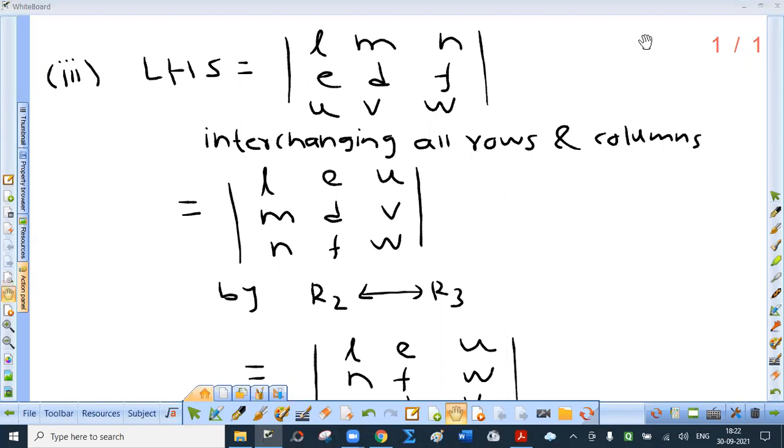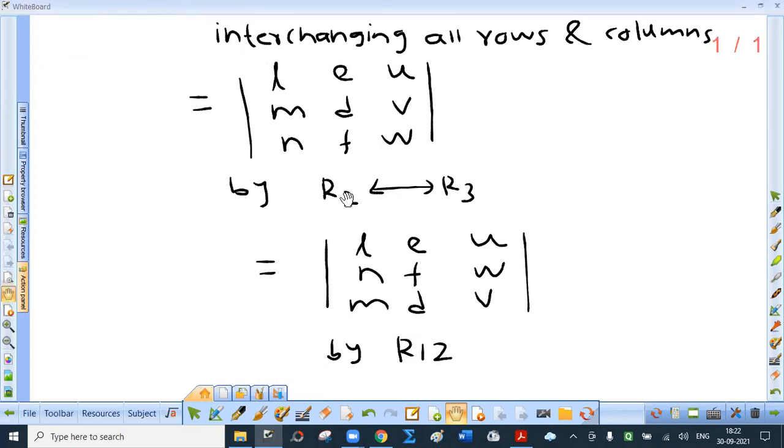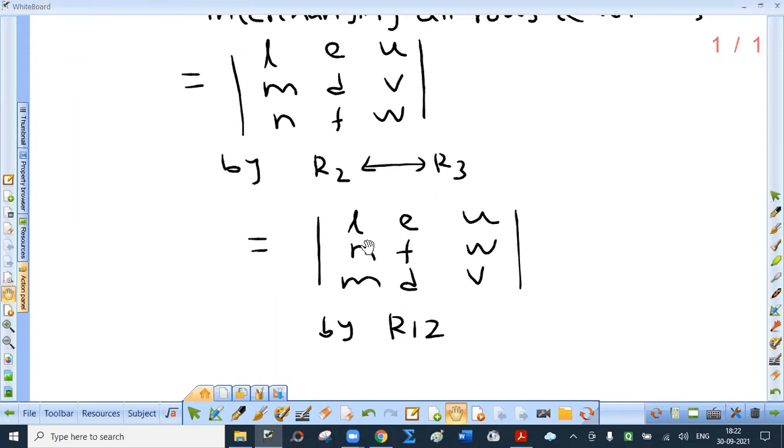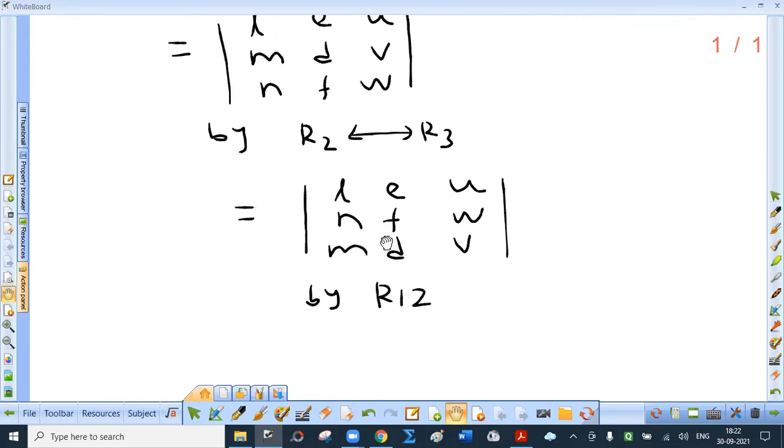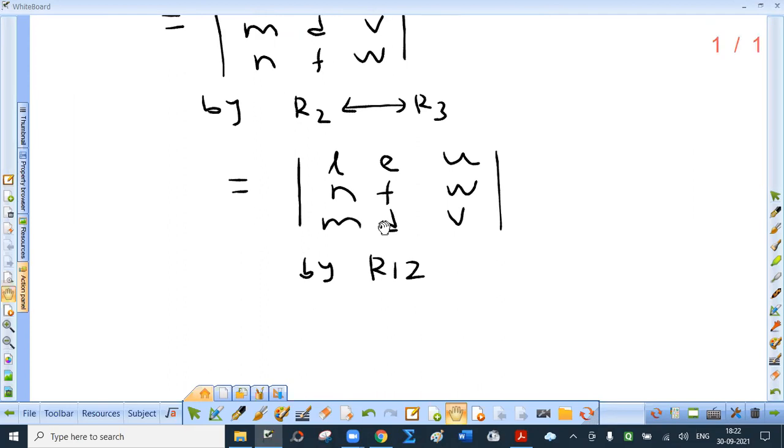Is this the required determinant? No. Then interchange the second and third rows. You have to show that using this symbol, or just write R2,3. So when you interchange the second and third rows, you get this determinant. After this step, you have to interchange the first and second rows. Then what happens to the third?